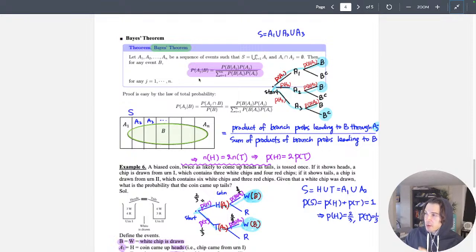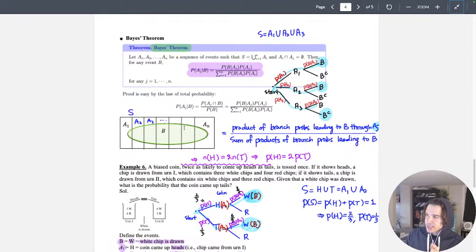So if you want to find the probability of A1, given that you know B occurred, you're going to want to find the probability of B occurring given that A1 occurred. So this little sliver here times the probability of A1, because we're just thinking about this part right here. And then divide all that by the probability of B given all the rest of the stuff times the probability of those.